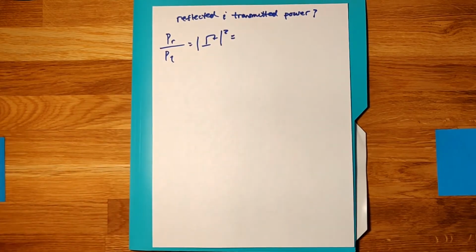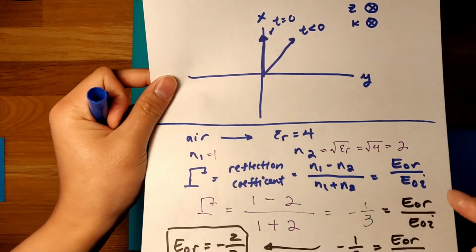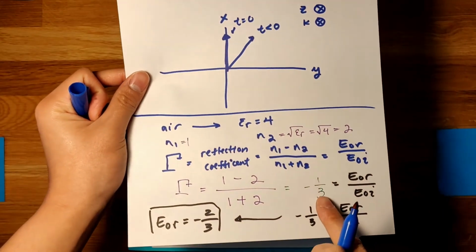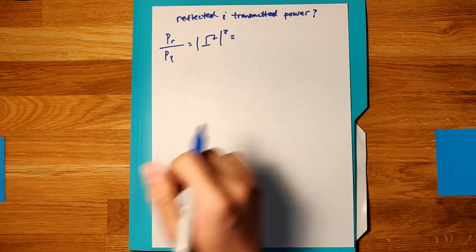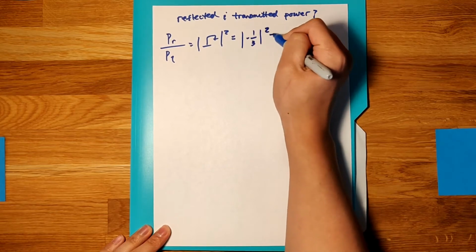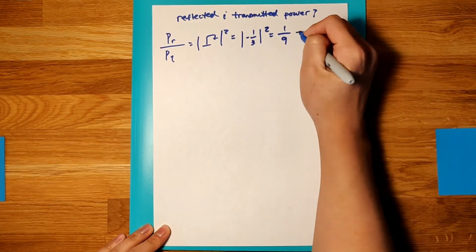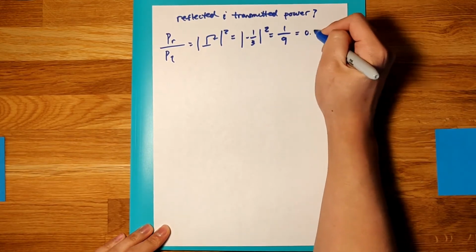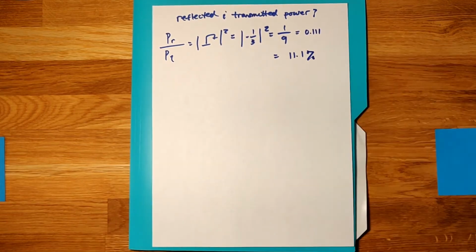And gamma was solved before, which was simply -1/3. So plugging it into this equation, we have -1/3 squared, which is just going to be 1/9. Now, plugging this in your calculator, you will get something like 0.111, which is simply 11.1%.